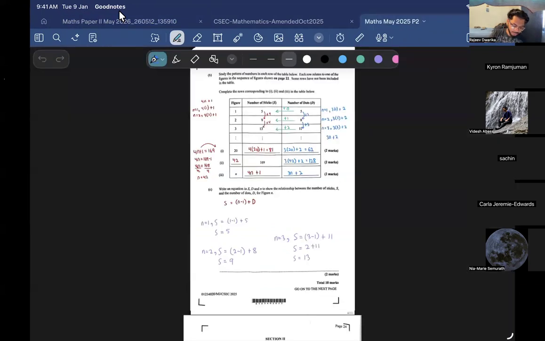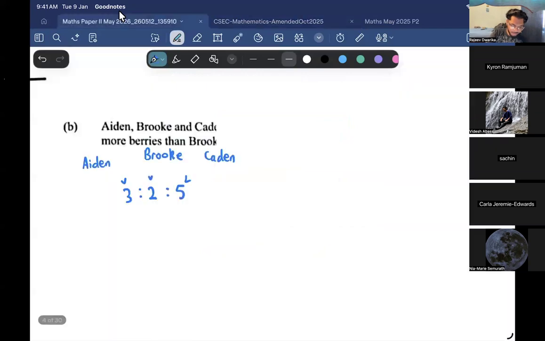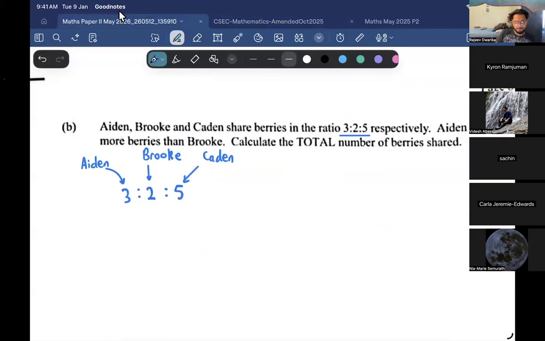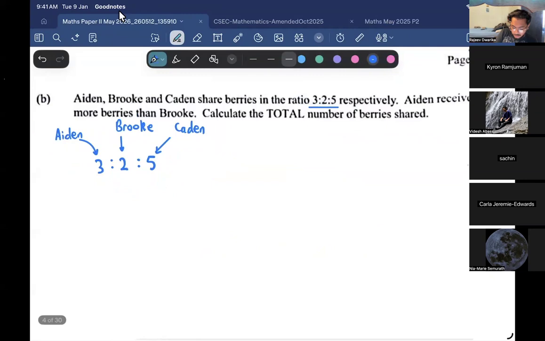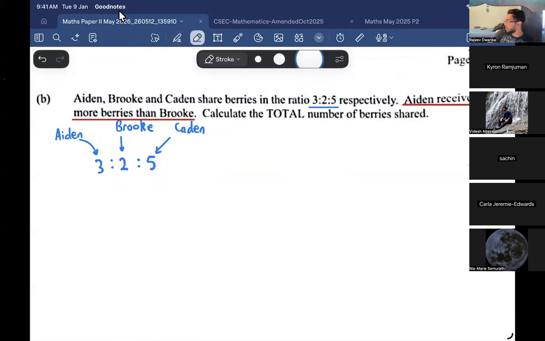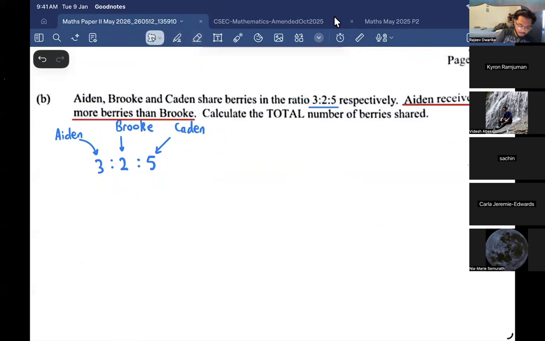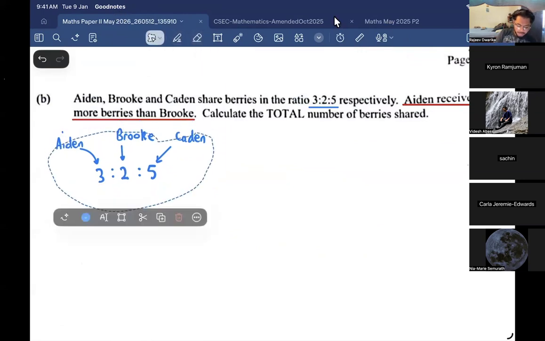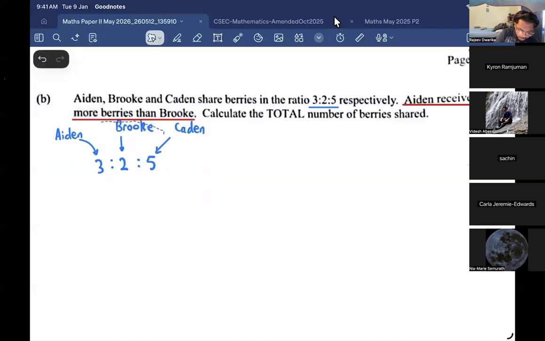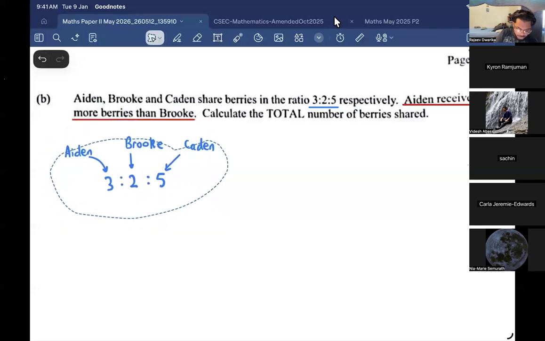Okay, anyways. So Sachin, in the question, what are they saying about Eden? Eden receives 12 more berries. Right, so Eden receives 12 more berries than Brooke. If at any point I lose you all, please tell me and I'll go extremely slow.